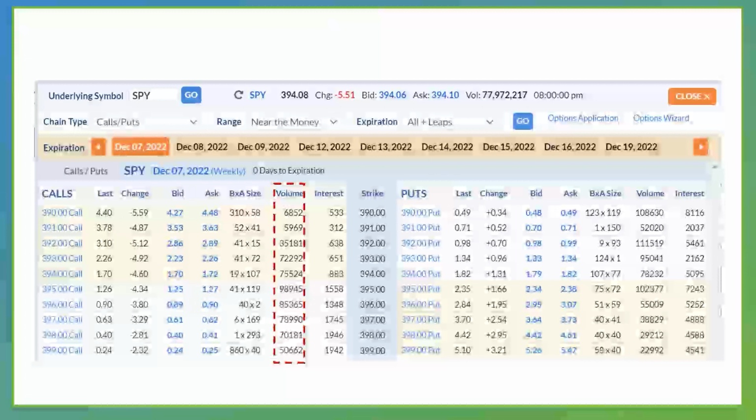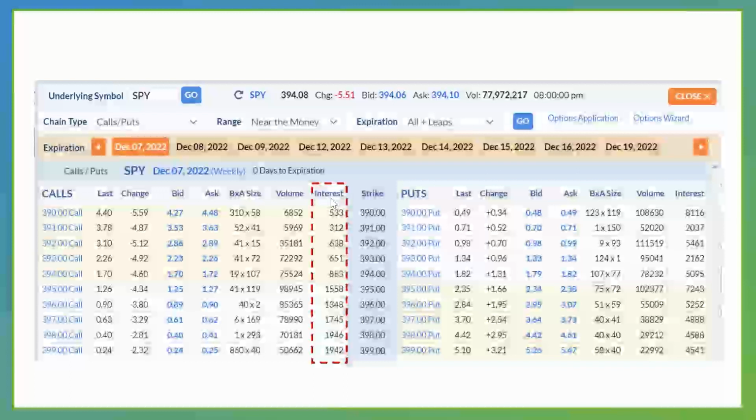You have volume, which is simply the amount of contracts traded today. It does get reset every day, but it gives a good indication as to the amount of interest in the trade by traders and investors on that particular day. And of course, you would have open interest, which is the amount of contracts in existence. So open interest reflects the number of contracts that are held by traders and investors in active positions ready to be traded.